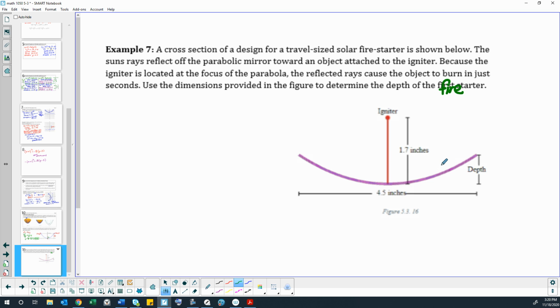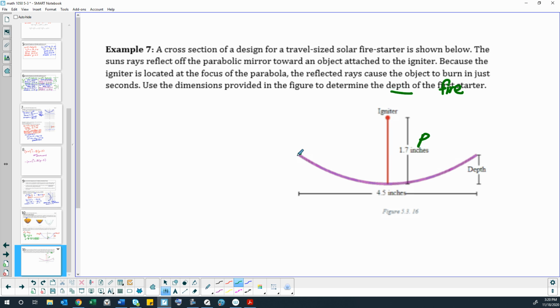Okay, let's go ahead and figure out what we've got here. So we know the width is 4.5. We know the depth is what we're trying to find. Then the distance to the igniter is 1.7 inches. So that's our p value right there.